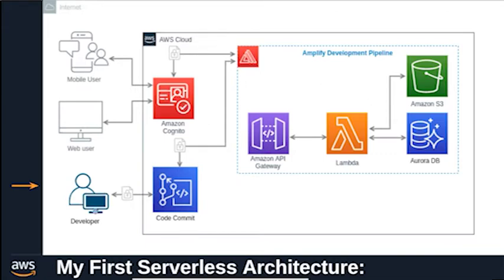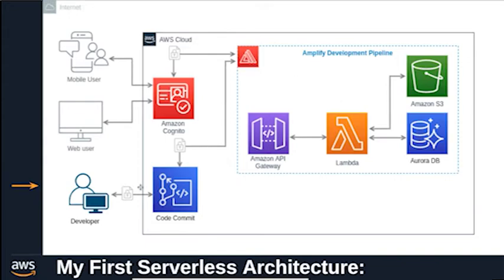So developers will not use Cognito or any other access control service to deploy their code. They will be using their access keys provided by CodeCommit, in this case working as a version control system, to deploy their code into our backend deployment pipeline.